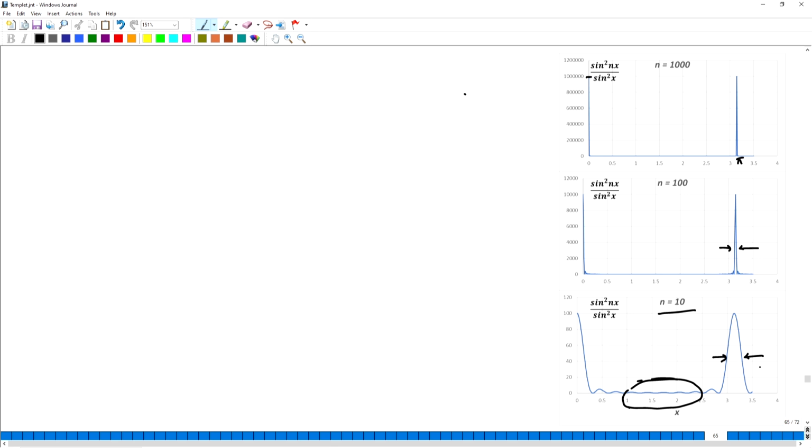But this is significant, this broadening of the peak. What it is implying is that if I make the crystal size small, then the peaks are not going to be as sharp, the peaks are going to be broadened.